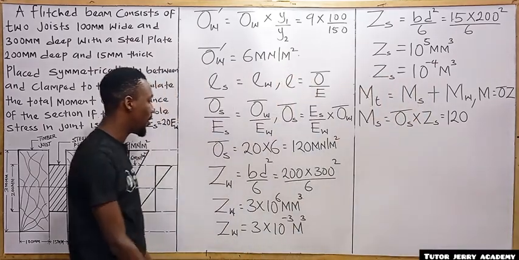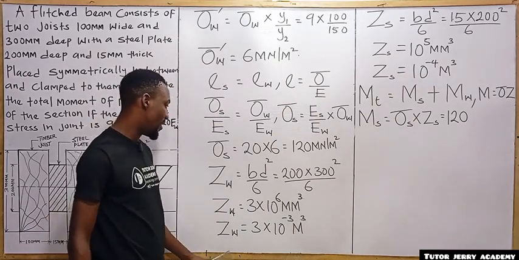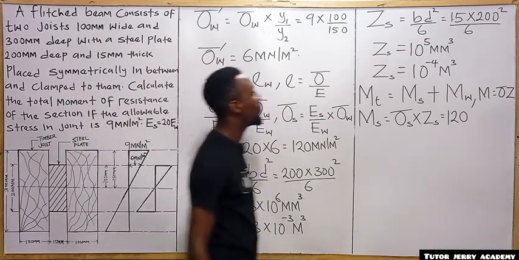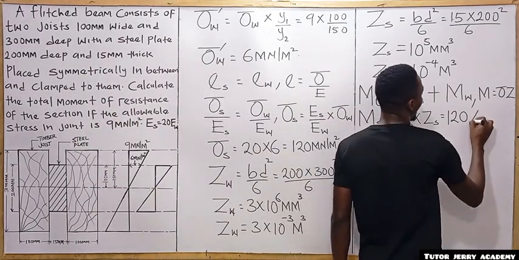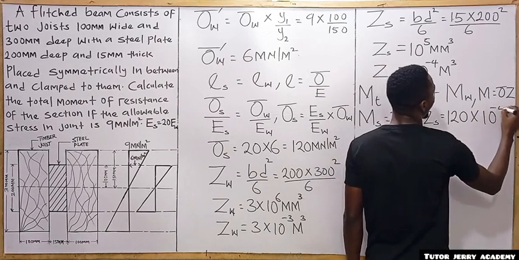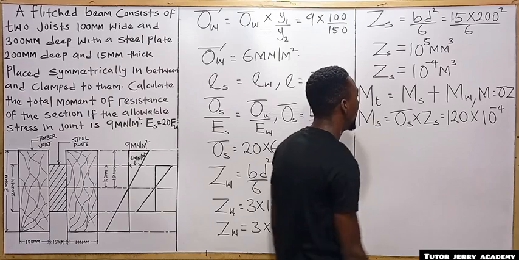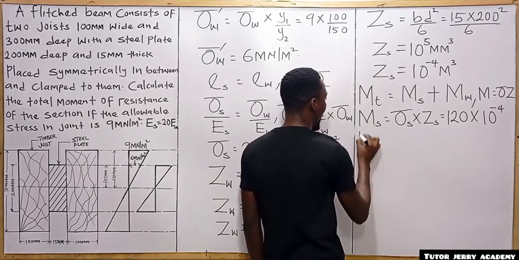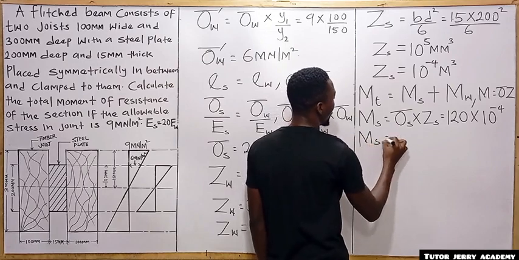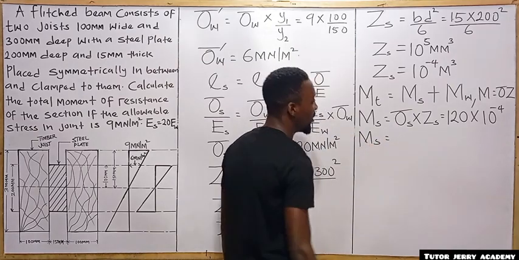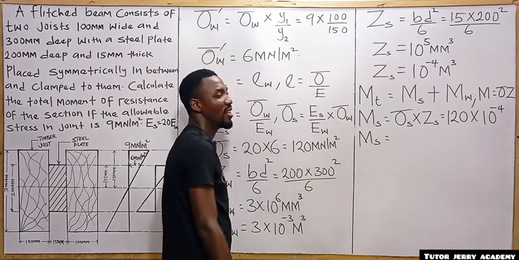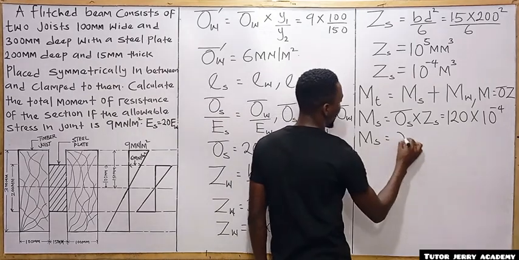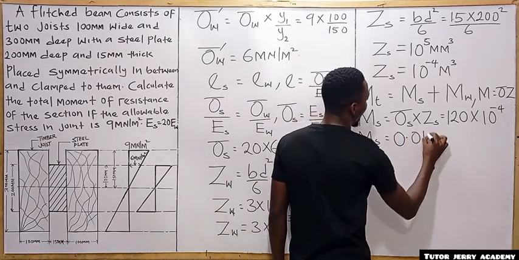Then multiply by the section modulus. The section modulus for steel is 10 to the power of negative 4. All right. So if we do the math, we are going to have the moment of resistance of the steel to be 0.012.